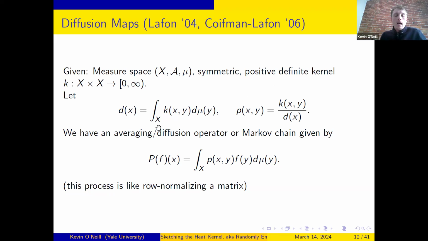In that case, you're basically taking the row sums of your matrix and dividing each entry by the corresponding row sum to row normalize. So you get a nice Markov chain. That Markov chain is going to have some kernel, lowercase p, and then we can think of the operator as capital P.